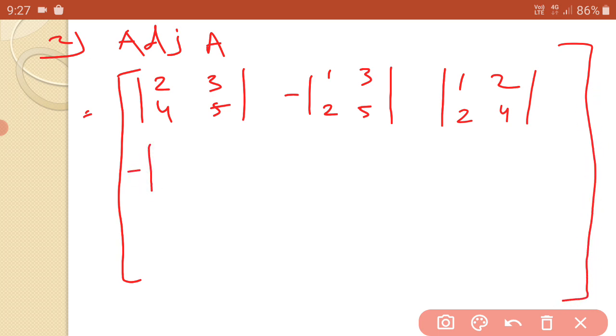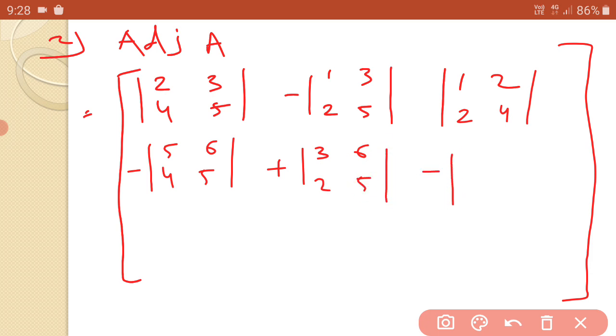Then here the minus 5, 6, 4, 5. Then plus 3, 6, 2, 5. Then minus 3, 5, 2, 4.